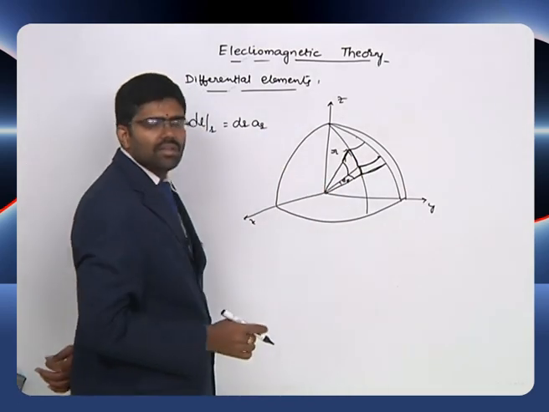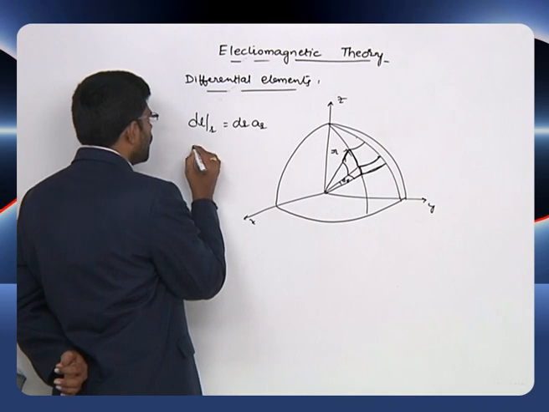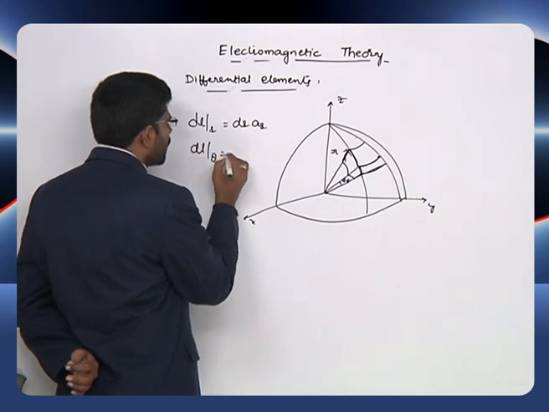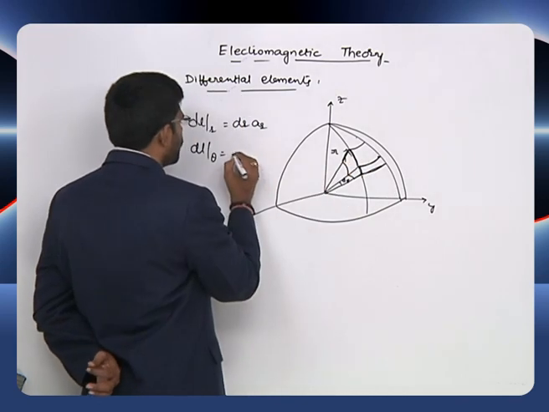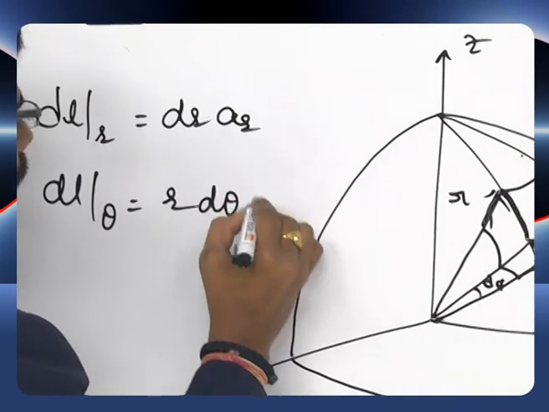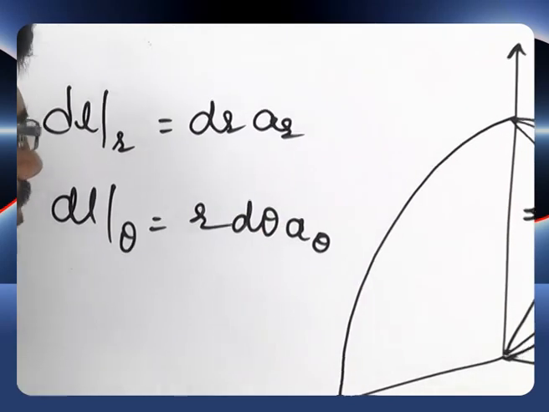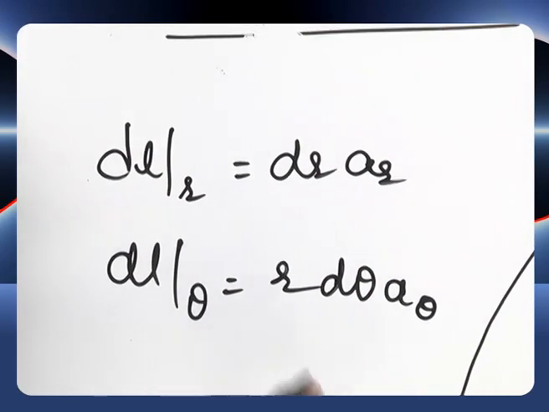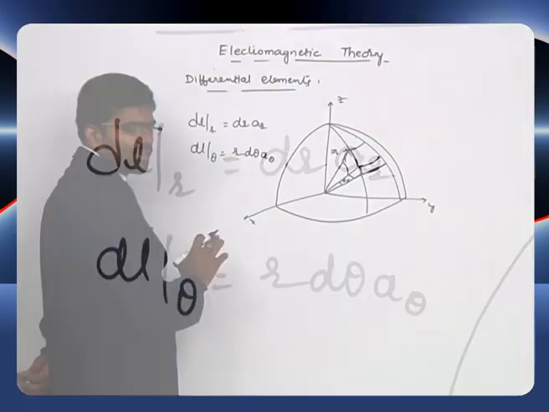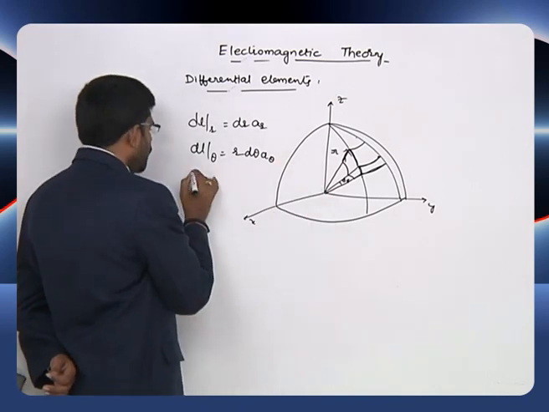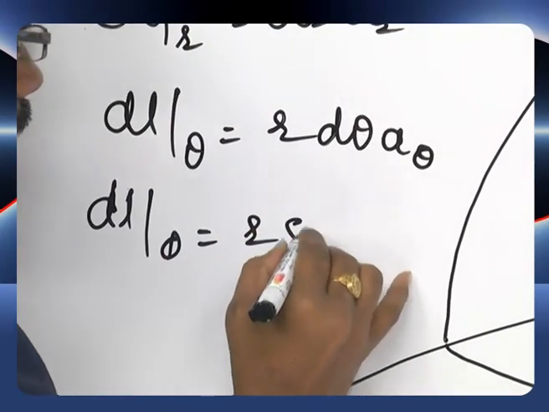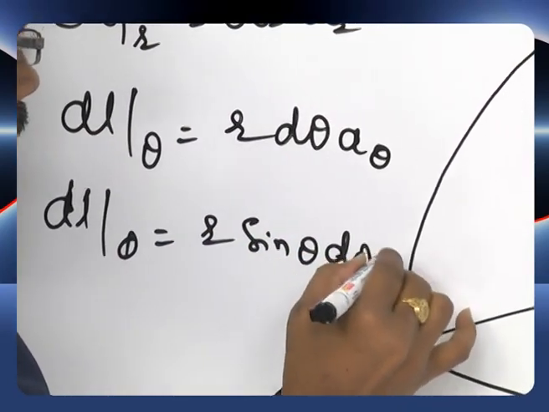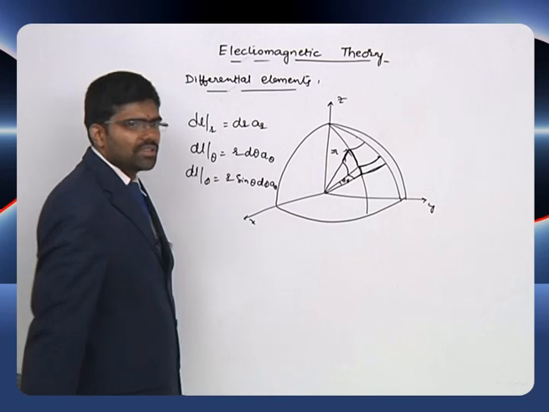The differential length in the direction of theta, considering the length of this arc, is r d theta a theta. And in the direction of phi, the differential length is r sin theta d phi a phi. So these are the differential lengths.